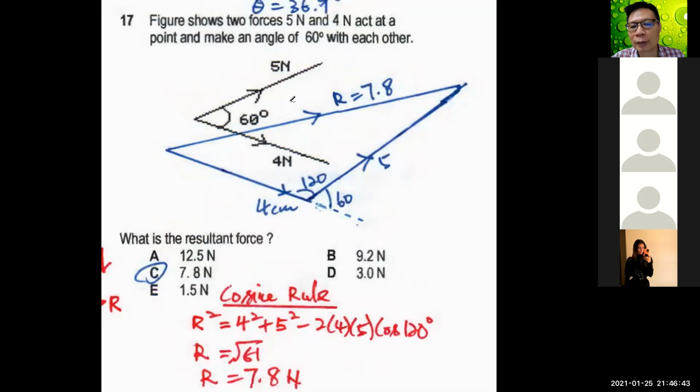You want to find this, so you take the opposite angle, 120. For the cosine rule, refer to what you learned in Form 4. Then you calculate and you get 7.8, also the same. This is for you to get the answer faster in objective questions. Cosine rule, okay?